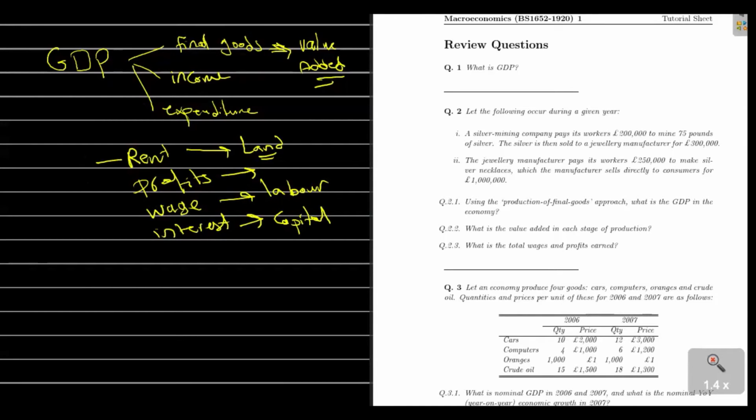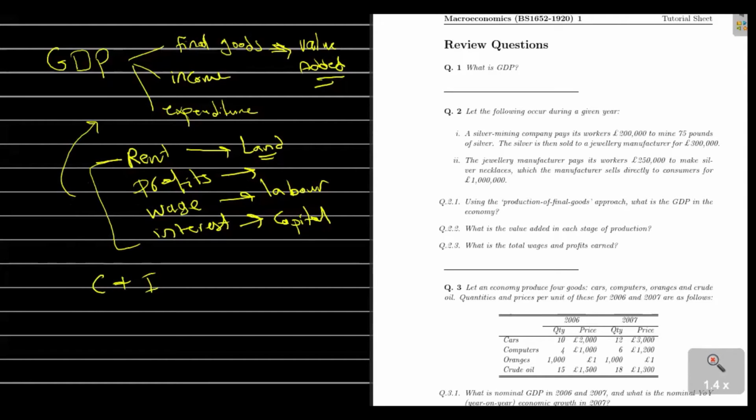If you add up all these incomes together, that is a different way of calculating how much GDP we have. The third method, which I briefly discussed, but we'll come back to again this week in the lecture recordings and follow next week in the tutorial, is to look at consumption plus investment.